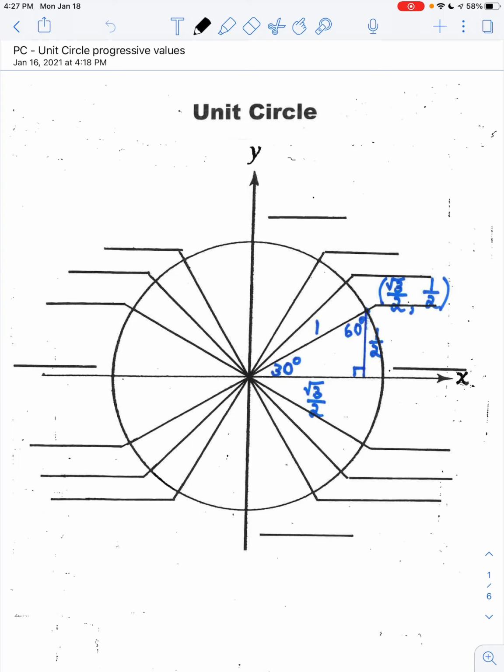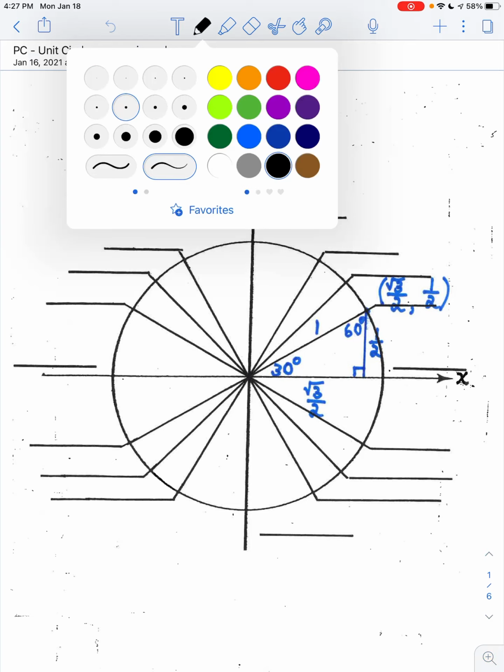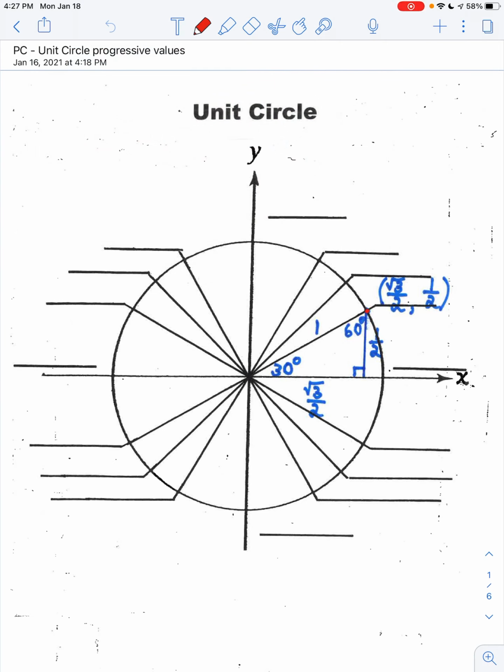That means that the ordered pair at the point on the circle comes from the horizontal piece being square root of 3 over 2, and then the vertical piece, of course, being 1/2. And so that's our first ordered pair.